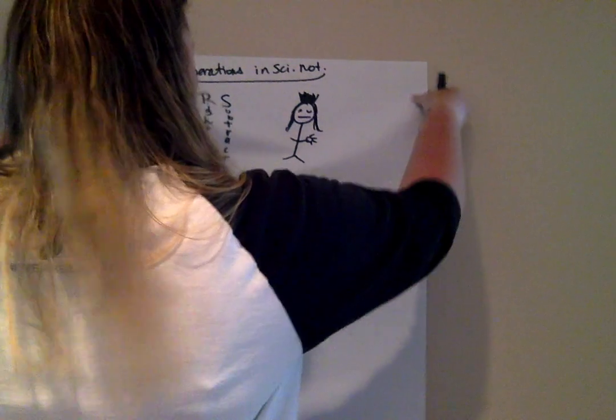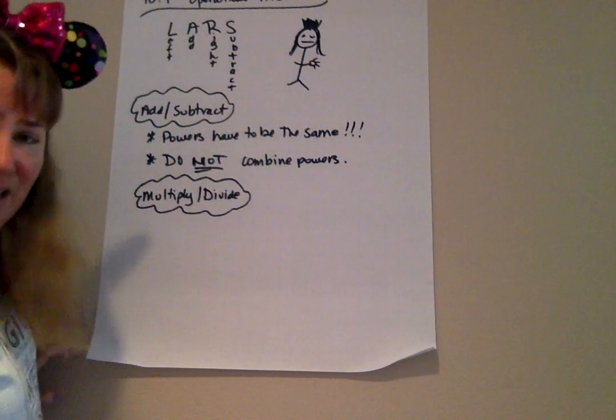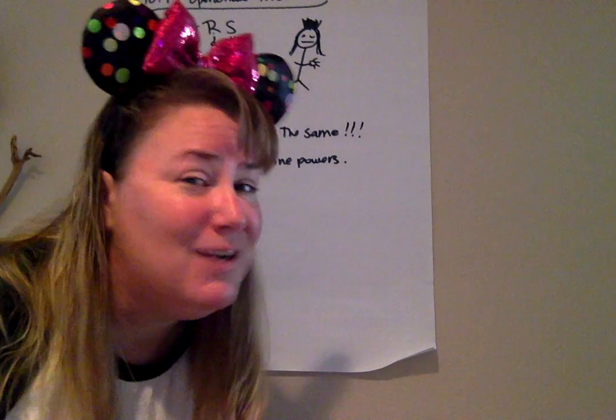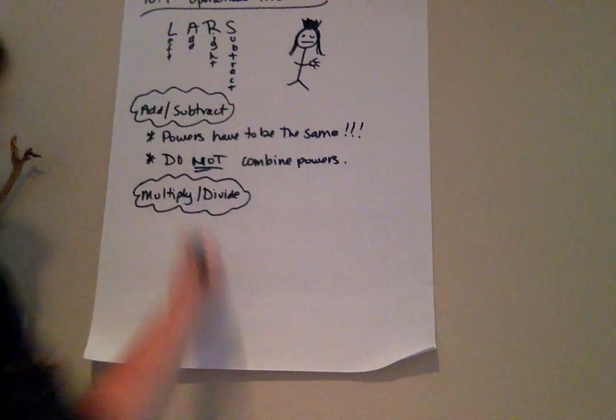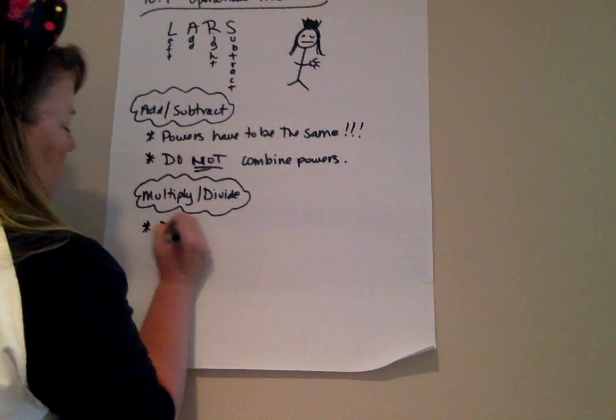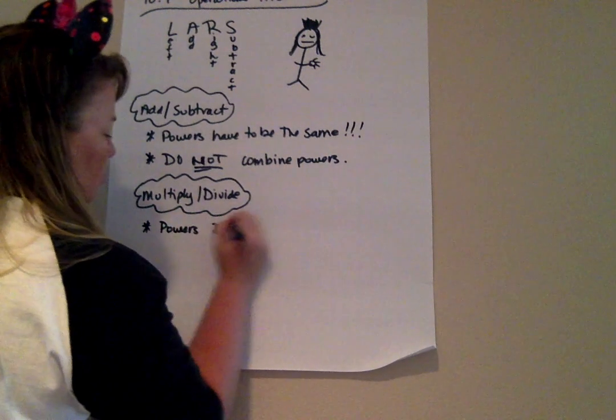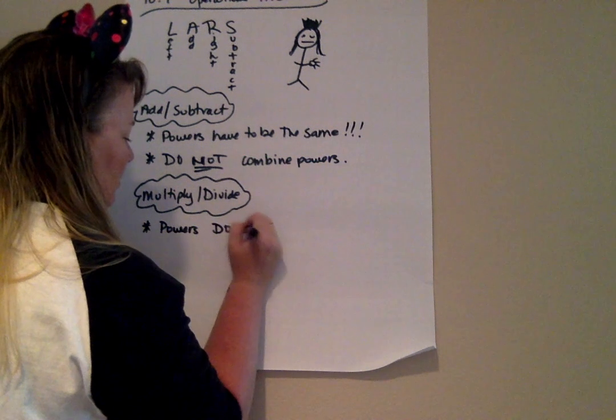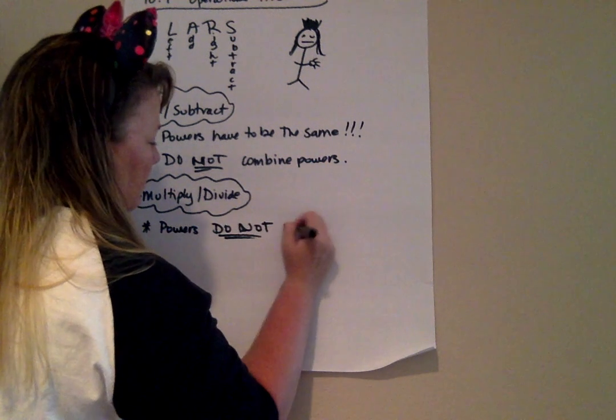Here we go. I'm going to scoot this up a bit. Hopefully that's not taking the paint off my wall. When you multiply and divide, your powers do not need to be the same.